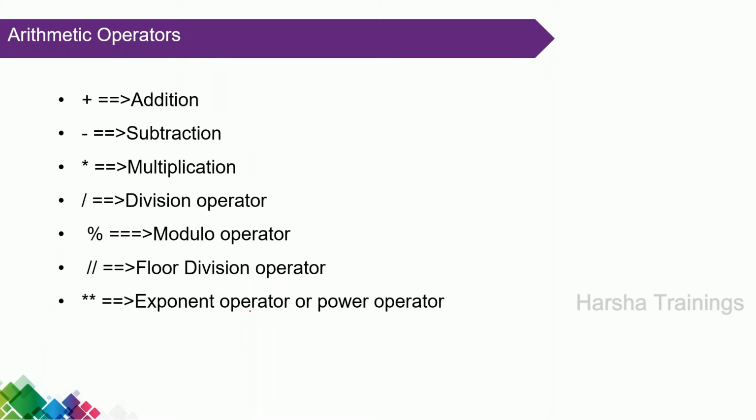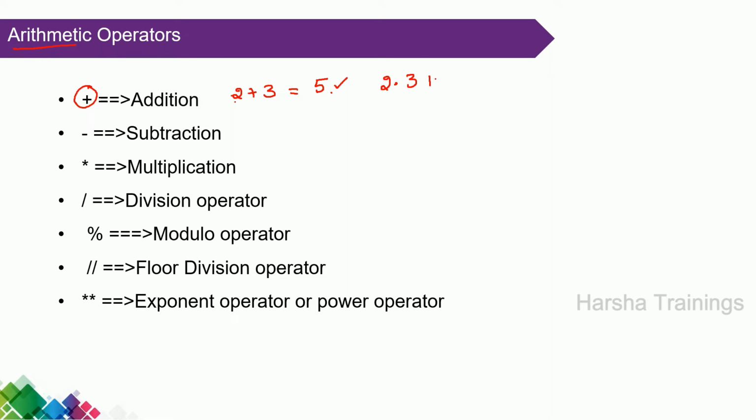First, the basic operators, that is arithmetic operators. Plus is used to perform addition. Remember, if you perform 2 + 3, addition between two integers, the answer is 5. If both are integers, the result is an integer.